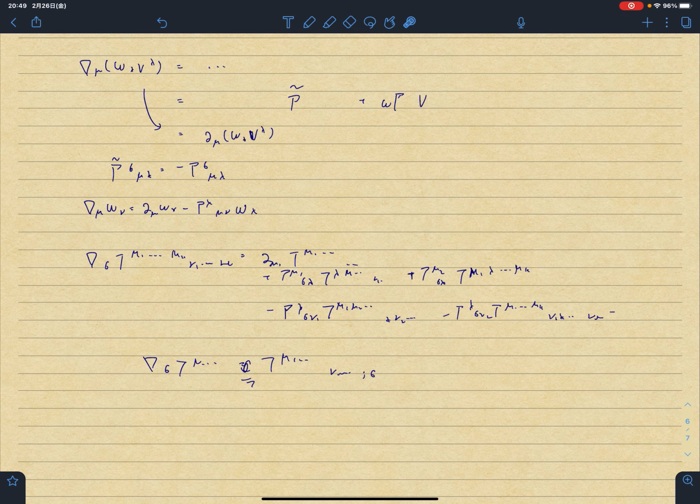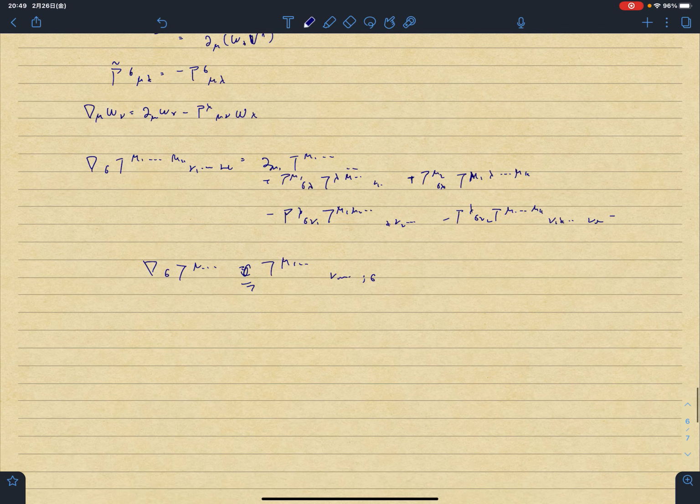This part expresses the covariant derivative in the direction of sigma. So once again we stick to delta sigma.